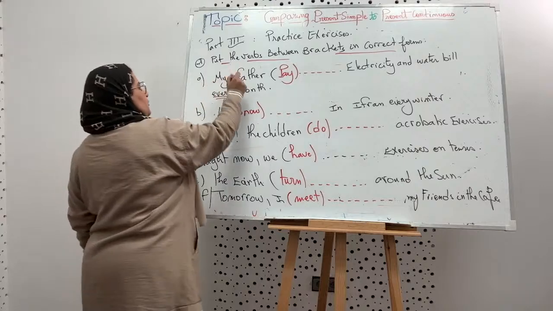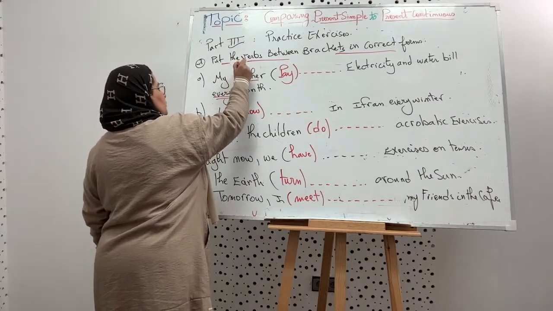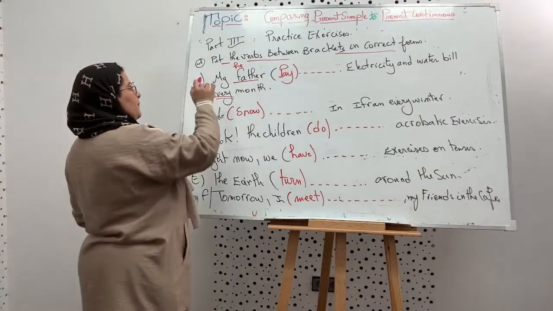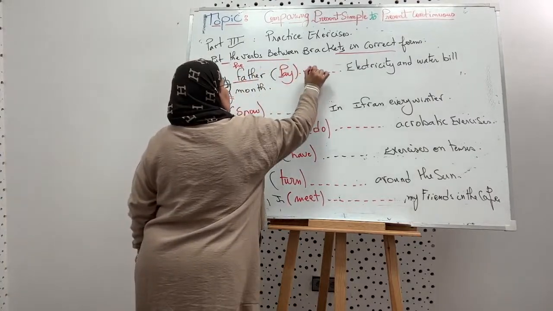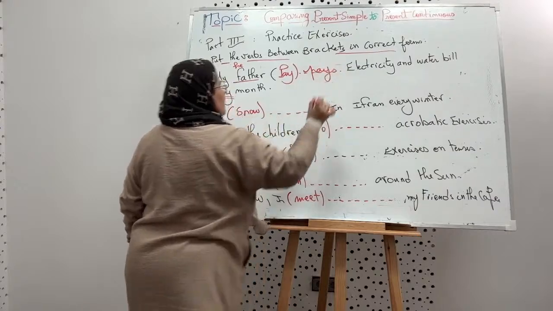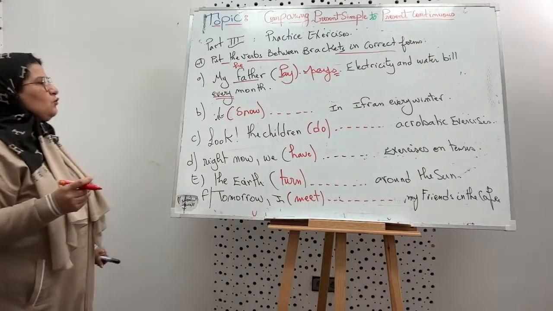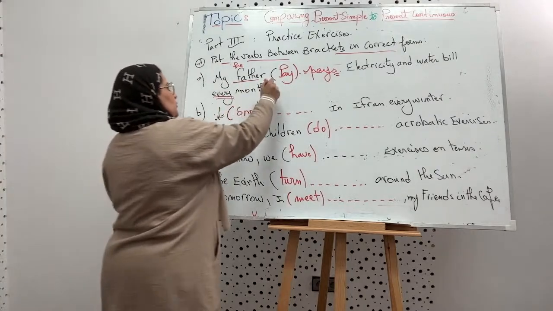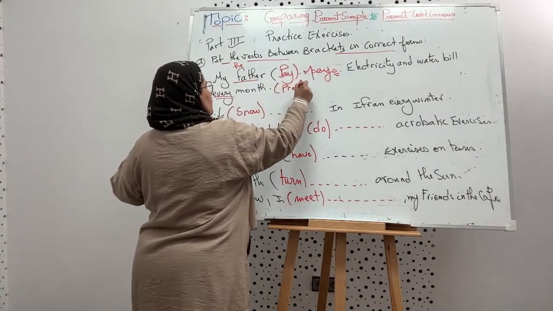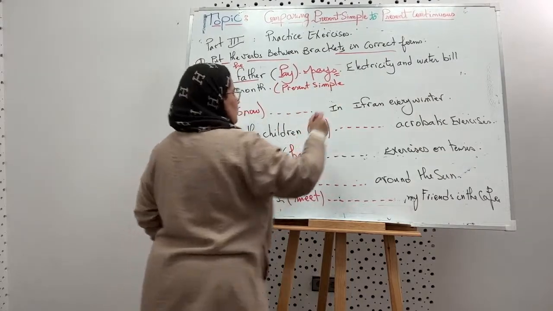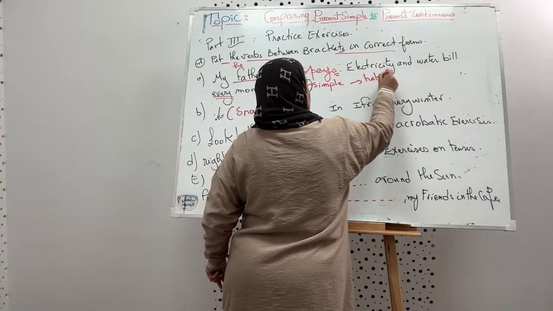So my father, we replace it by the subject pronoun he, which means we have to add an s. My father pays electricity and water bill every month. Here we're talking about the present, and we use the present simple because the activity is regular and habitual.